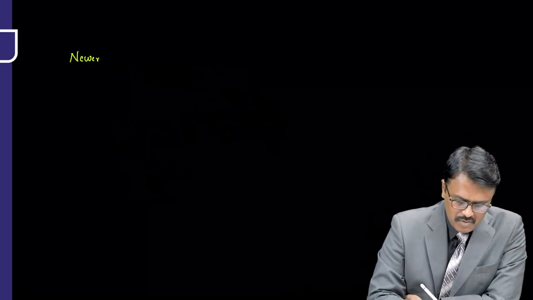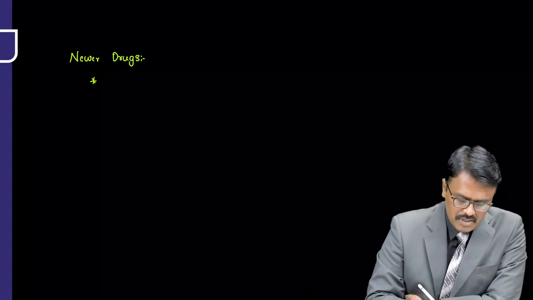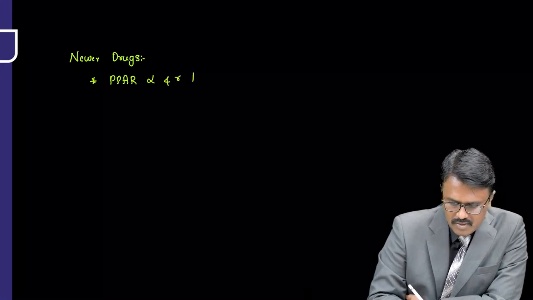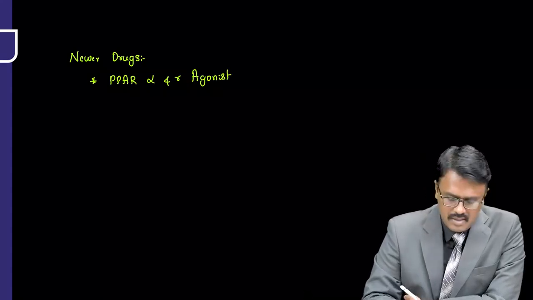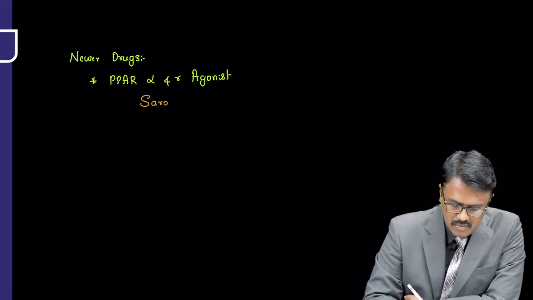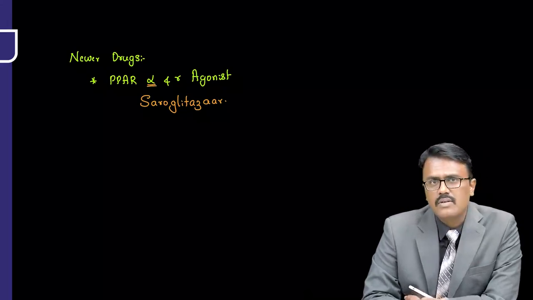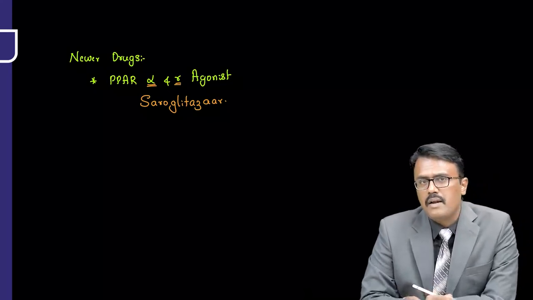What about any newer drugs? Let me give a glimpse of newer drugs which you need to know. The first is a drug which can stimulate both PPAR alpha and gamma, a PPAR alpha and gamma agonist. The name is saroglitazar. You know that alpha is responsible in managing dyslipidemia and gamma is responsible in managing diabetes.